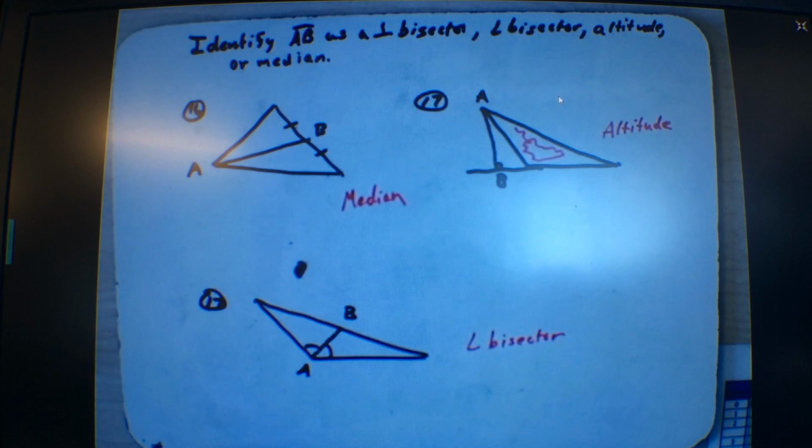There are several questions on if a point is on the perpendicular bisector, then it is equal distance from the endpoints, and the converse of that. And several on if a point is on the angle bisector, it's equal distance from the sides of the angle, and the converse. Once again, you do not have to know the theorem. You just have to be able to apply the theorem.